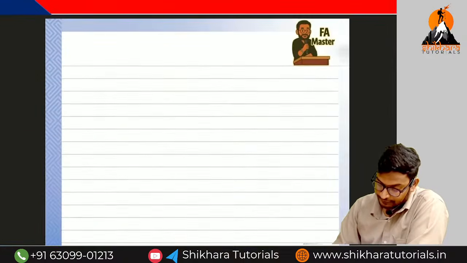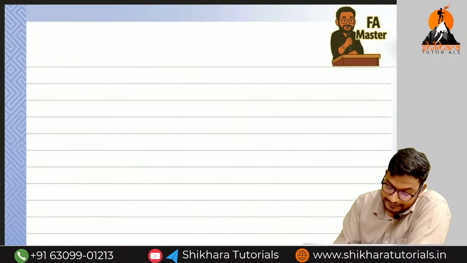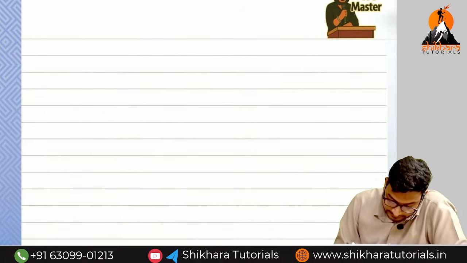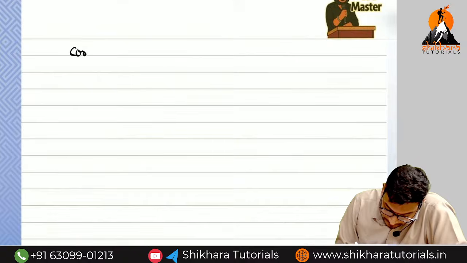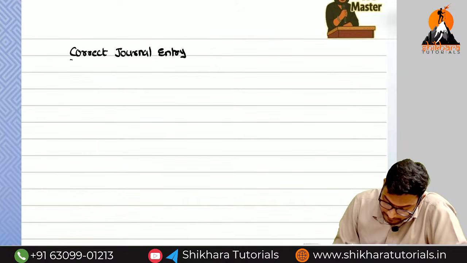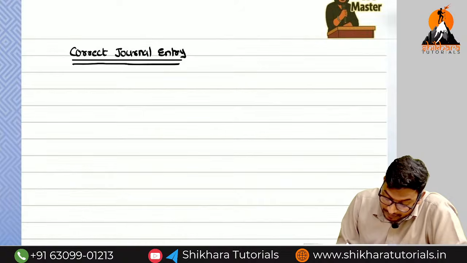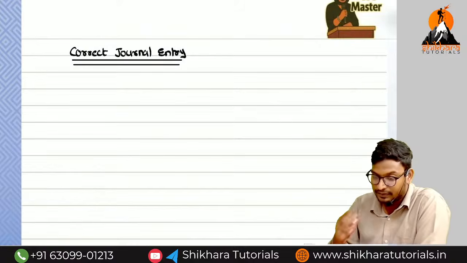See this one. What is the actual right entry we have to write? The correct journal entry. They may ask you the same transaction in the examination also, so please listen.